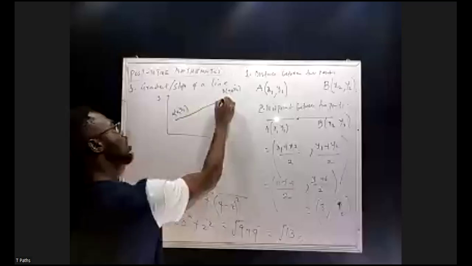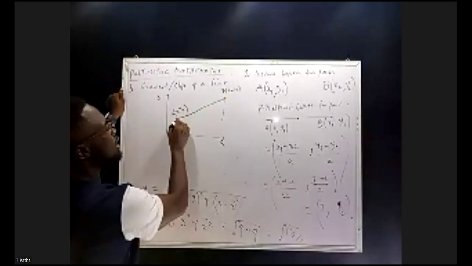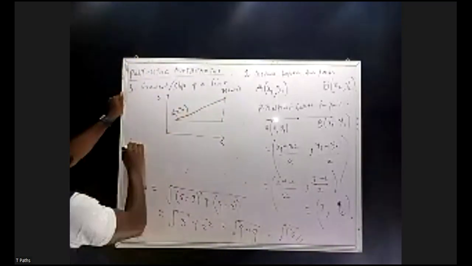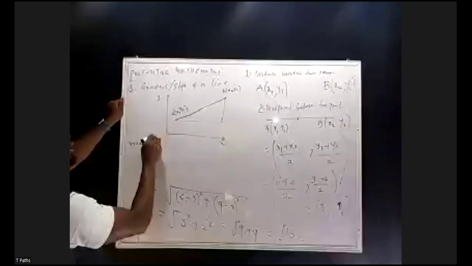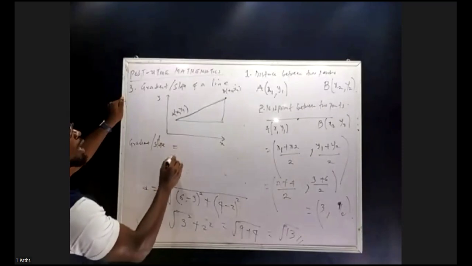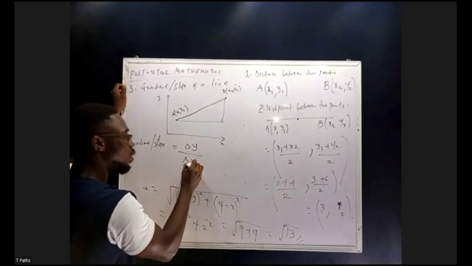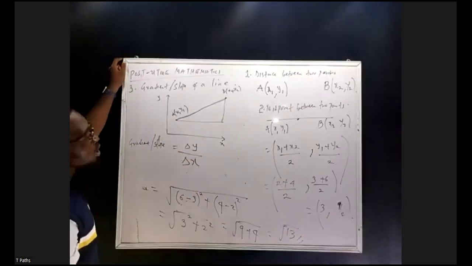If I want to get the gradient or slope of that line, how do I do it? The gradient, otherwise called slope of a line, has a simple formula, which is change in y over change in x.